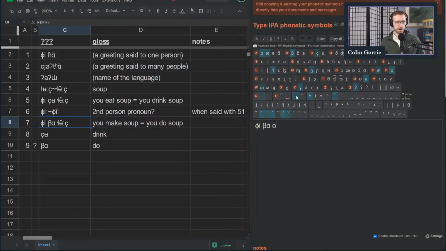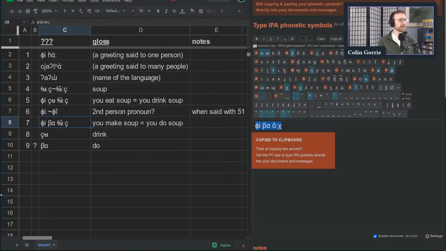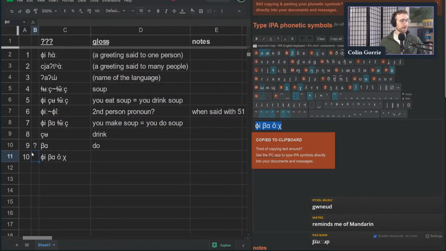Am I saying that right? And what does "phi ba och" mean? You do work. Och is work. Interesting. Although that's my hypothesis. If I say "och" on its own, is that possible? Yeah. Okay. You do work.